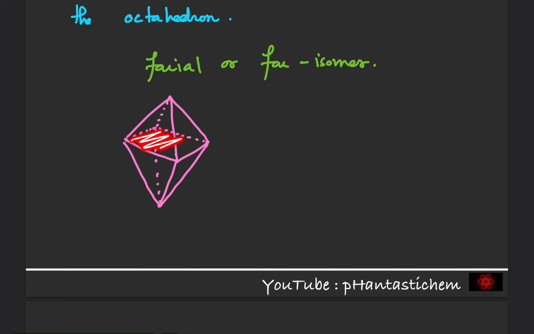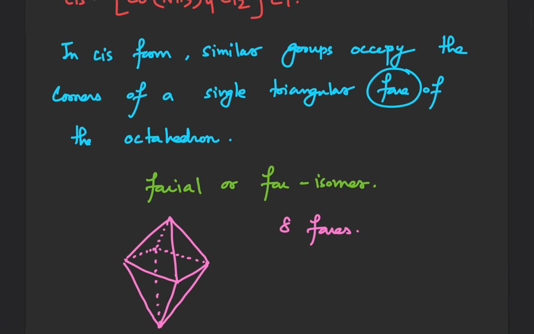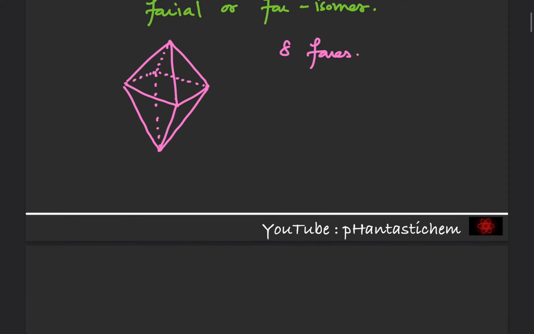So there are four above the meridian, and four below the meridian. This is the fifth one, sixth one, seventh one, and eighth one. Since in cis form similar groups occupy the corners of a single triangular face, you can choose any one face.